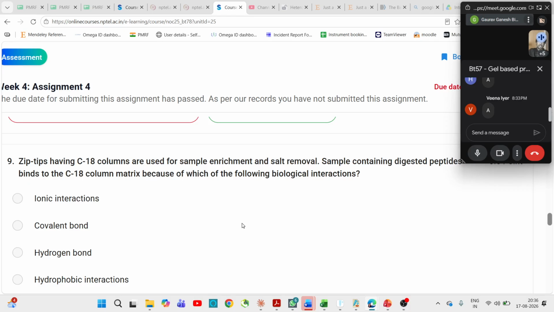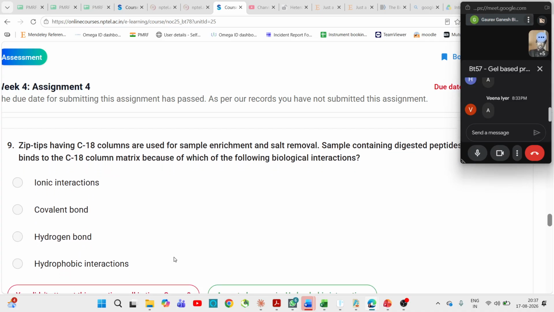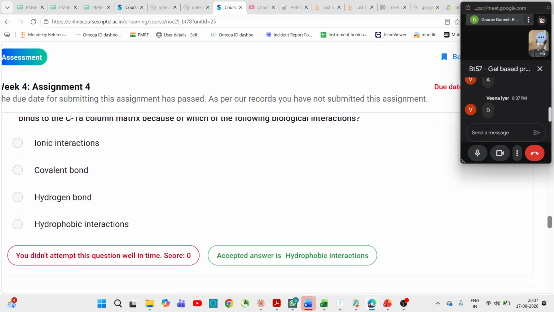You can still guess if you are not sure. Yes, Himani, Veena, and Neha. What is the interaction happening when you are using a ZipTip? The C18 gets interacted with the peptides. What is the interaction? It's hydrophobic interaction. Yeah.